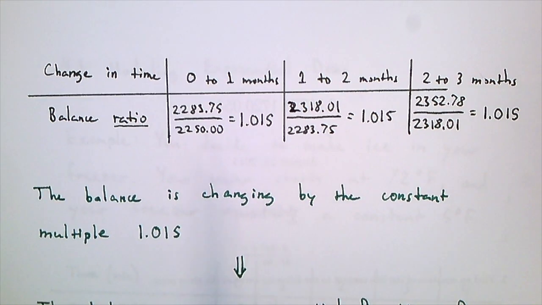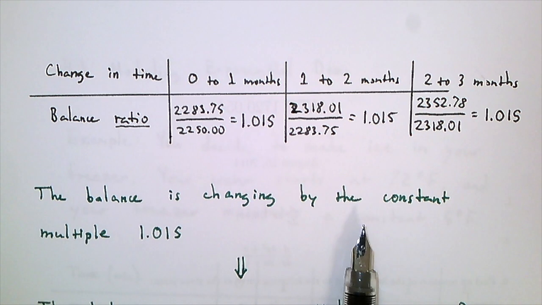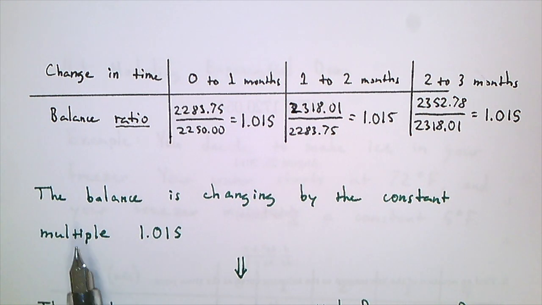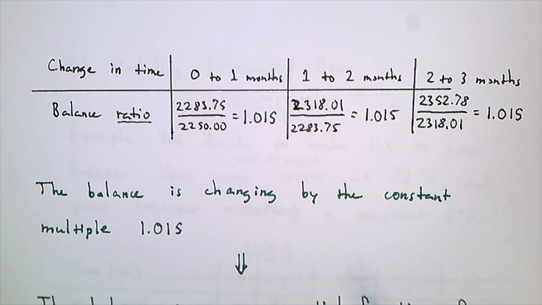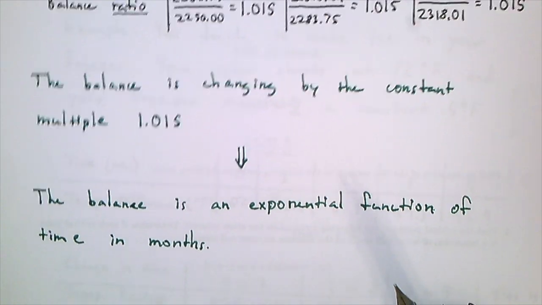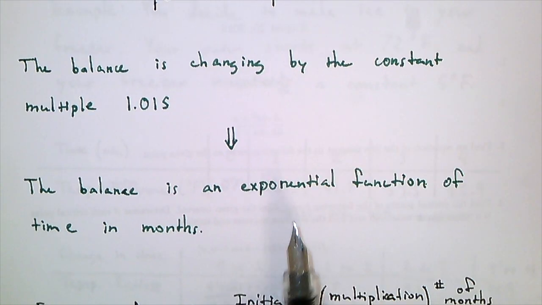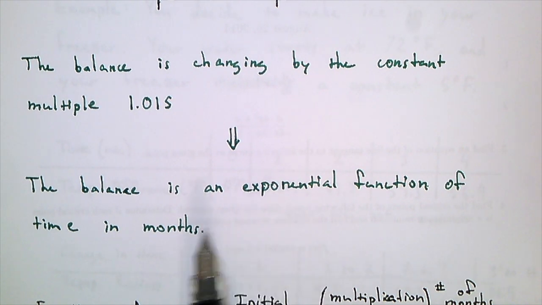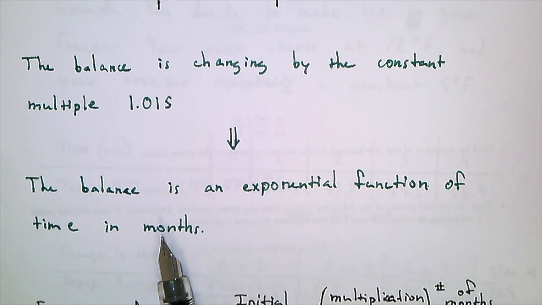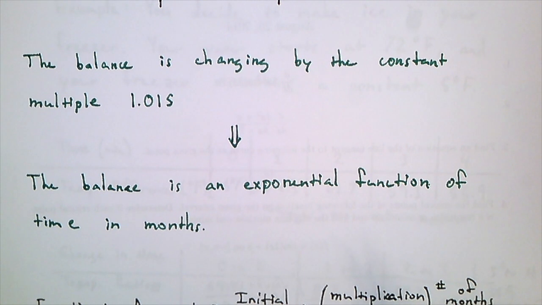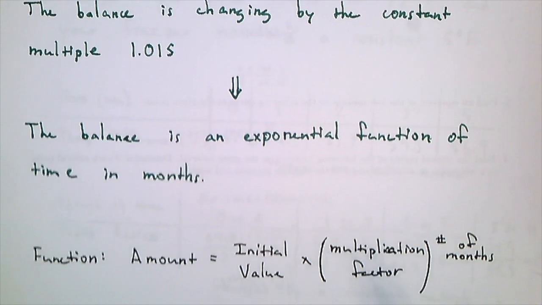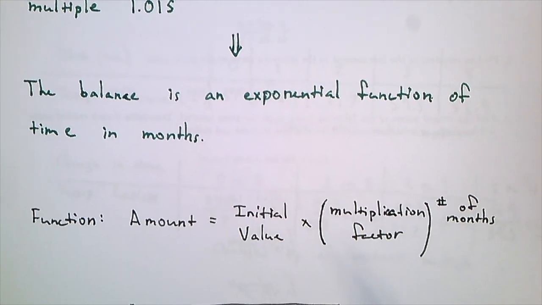So, what do we have? The balance is changing by constant multiples, and that constant multiple is 1.015. So that means that the balance is actually an exponential function of the time in months. Once we've come to this conclusion, we can start to build our exponential model as a function.